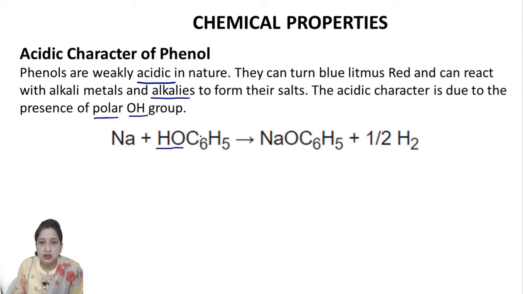It is because of the sp2 hybridization of this carbon, means of benzene ring, which attracts the shared pair of electrons towards itself. That's why this oxygen acquires somewhat positive charge, and in turn it attracts this shared pair of electrons towards itself.